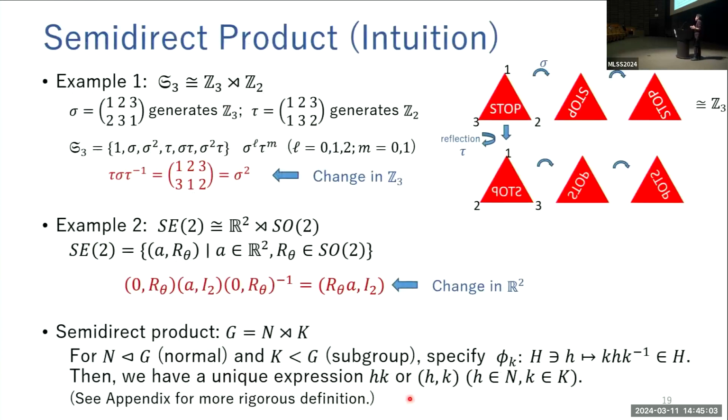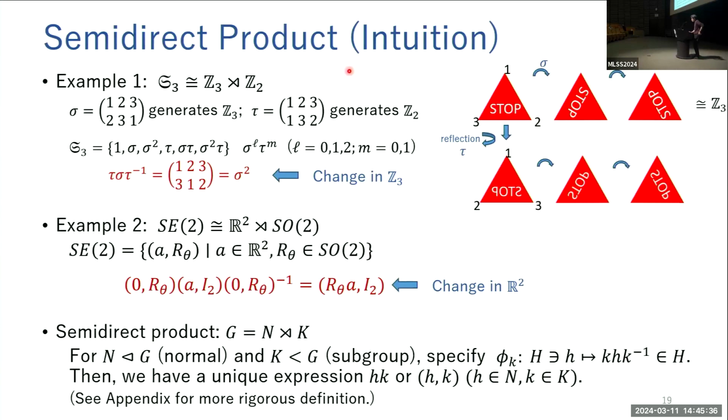So in many cases, for describing a non-commutative group, we may have the expression by a pair of two simple objects like rotation and translation. However, as we saw in the example of the Euclidean motions, they may not be a direct product group, but sometimes they are in the class of semi-direct product.